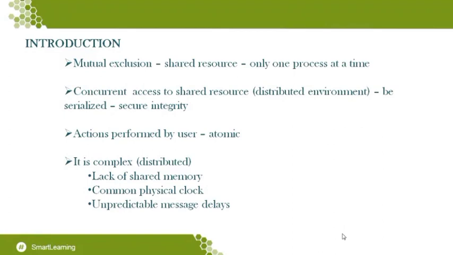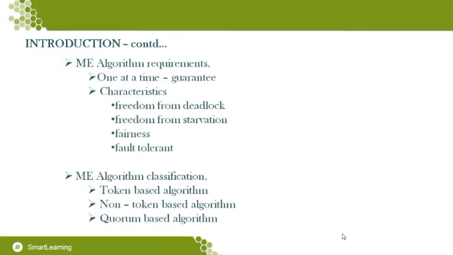Whenever you have concurrent access to the shared resource, you need to serialize them, and you should also ensure integrity, which in a distributed environment is normally difficult to achieve. So this is a problem, and ultimately we need some algorithm to solve this issue.